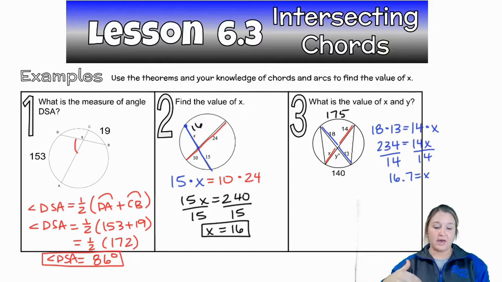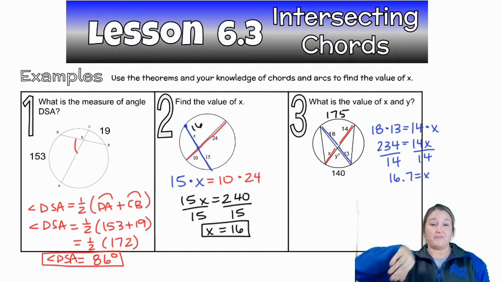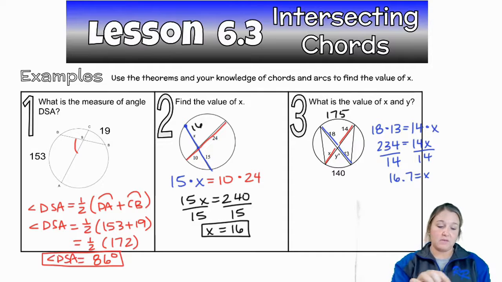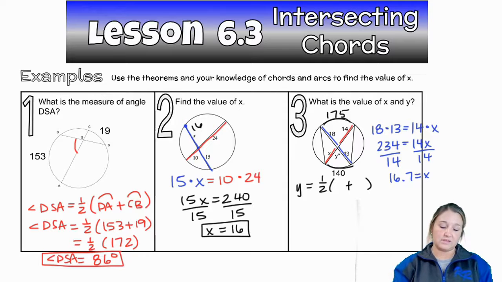So I'm going to go back to that very bottom theorem that we talked about, and the measure of y is going to be equal to 1/2 times the sum of the intercepted arcs. Well, the intercepted arcs are going to be 140 and 175.